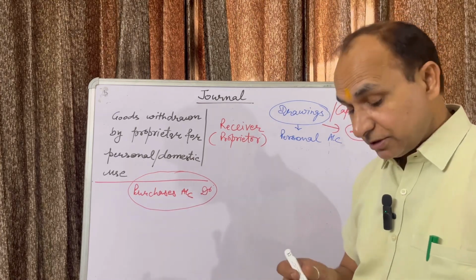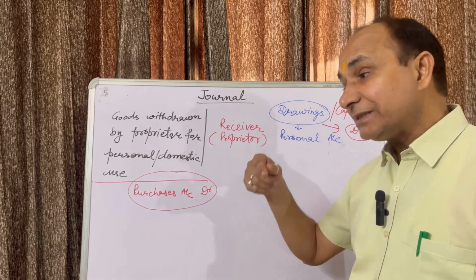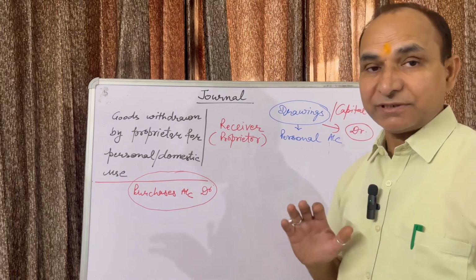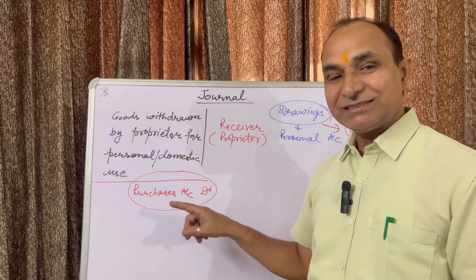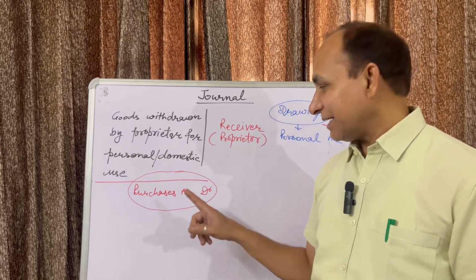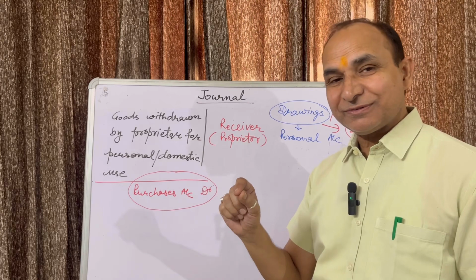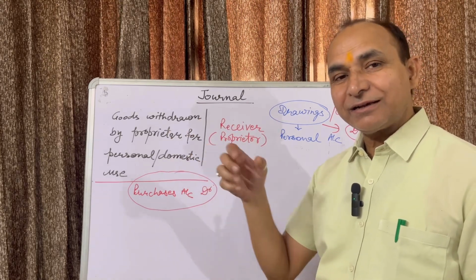And remember one thing, these purchases, these goods are meant for resale into the market so that the business can earn profit. I repeat, this purchase of goods is done with the purpose of converting that into sale and earning profit.